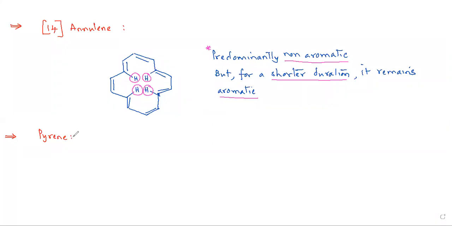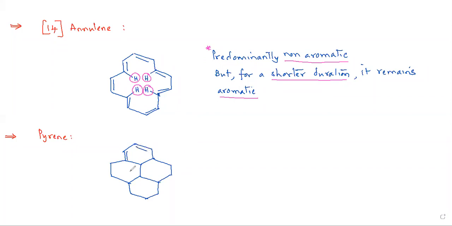It's pyrene. Look at the interesting part of this one. Just a note, it's not exactly the same, but a similar one.